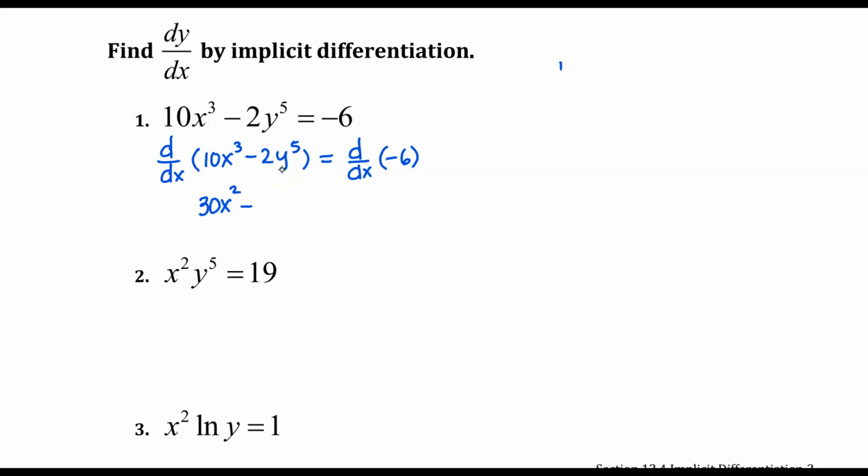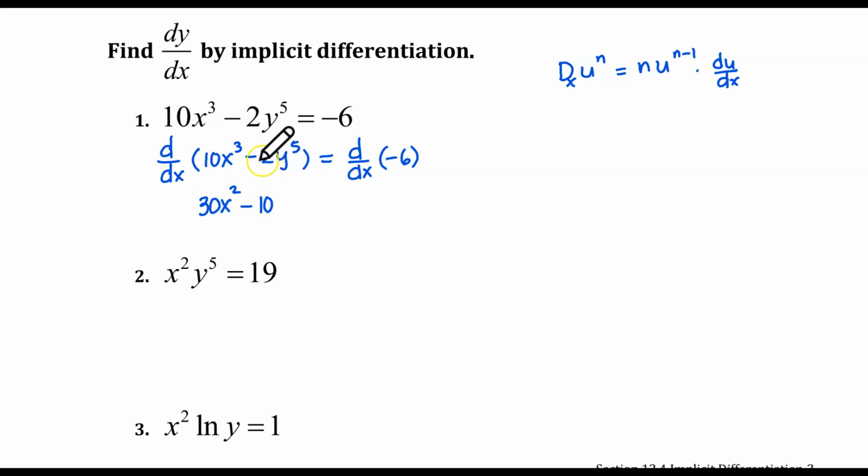Remember, when you differentiate something of the form u to the n with respect to x, the derivative of u to the n with respect to x using the chain rule is n u to the n minus 1 times the derivative of this u here with respect to x, so times du/dx.